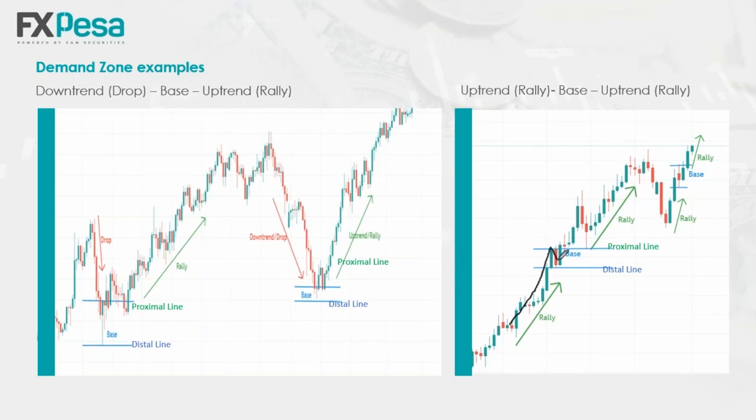Then there was a short retracement to the downside, which is marked by these basing candlesticks. So this red bearish candlestick is marking a short retracement to the downside. Then we have another rally to the upside.